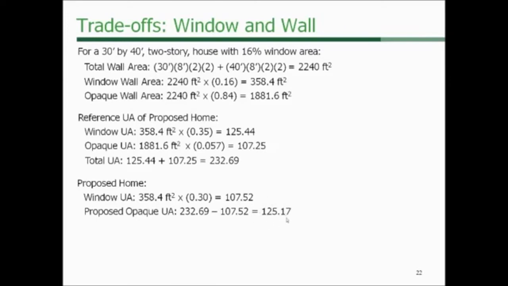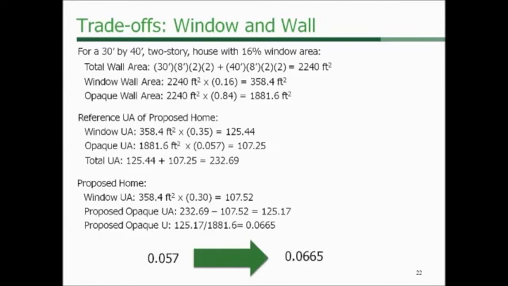That's my opaque UA, and I find its new U value just by taking its UA divided by A, and that gives me its U. So 125 divided by 1880 gives me 0.0665. So in essence, I've changed that 0.057 into a 0.0665 just by going to an Energy Star window.